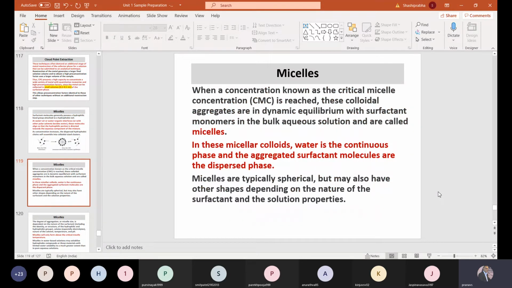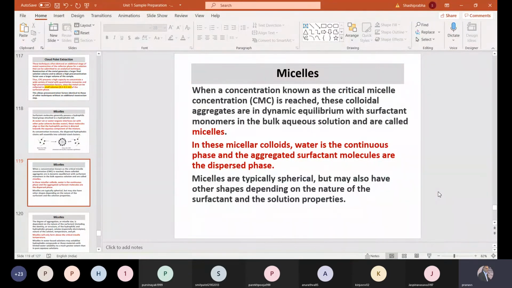And this is achieved by adding an adequate amount of surfactant monomer. Adequate amount. कॉन्सेंट्रेशन सबका अलग अलग होता है, हर सर्फेक्टेंट का अलग अलग होता है. कितना कॉन्सेंट्रेशन डालोगे कितने पानी में तो उसका कॉन्सेंट्रेशन would reach CMC.